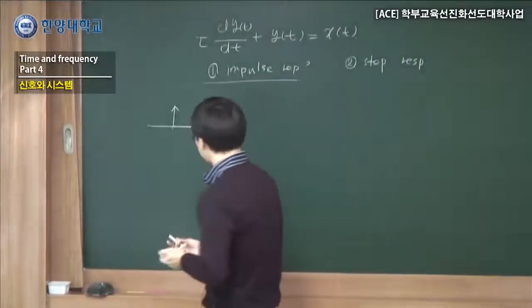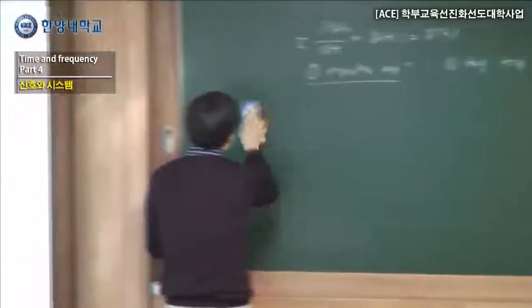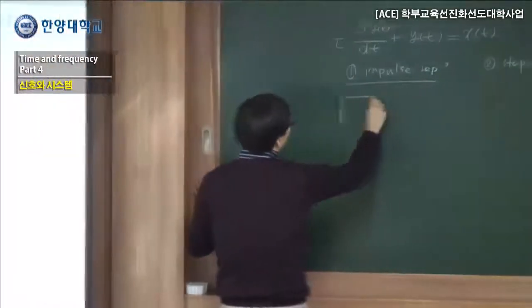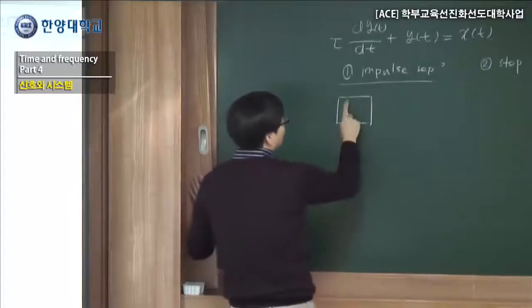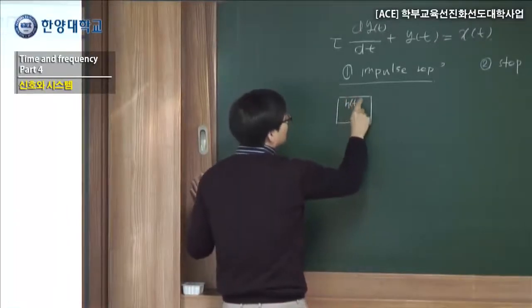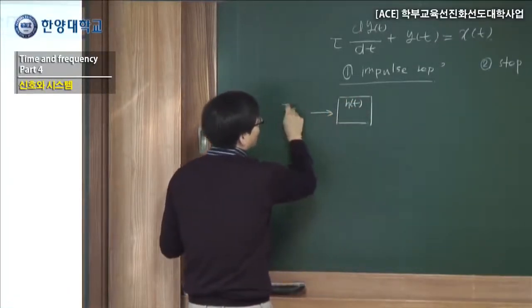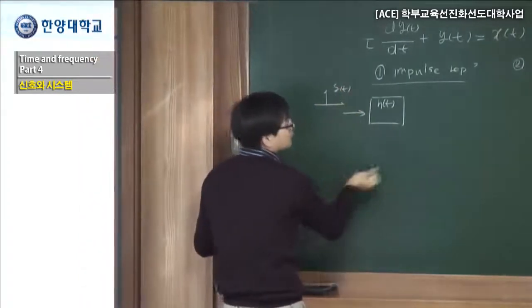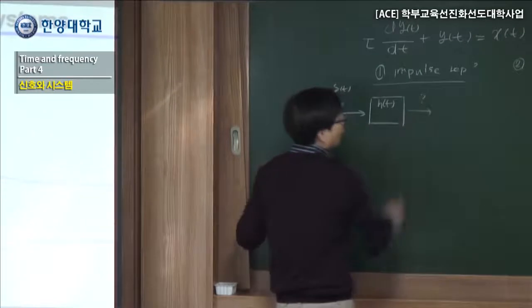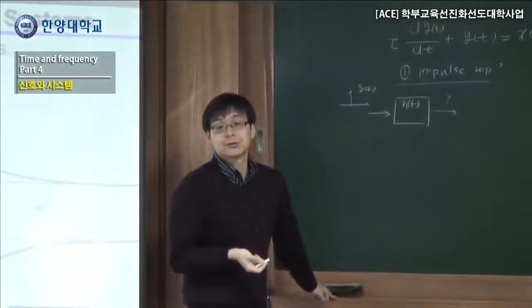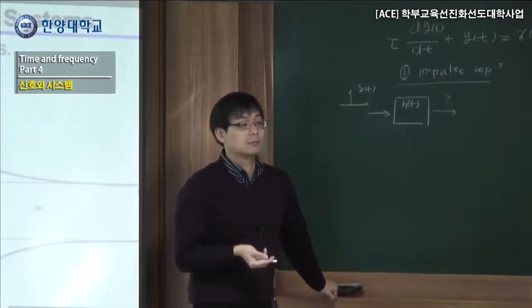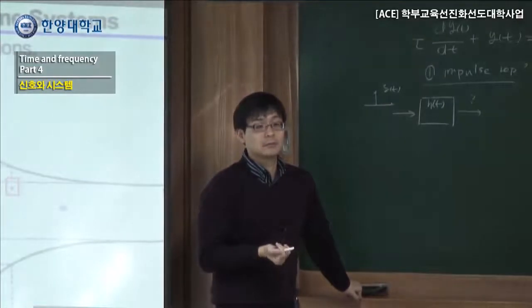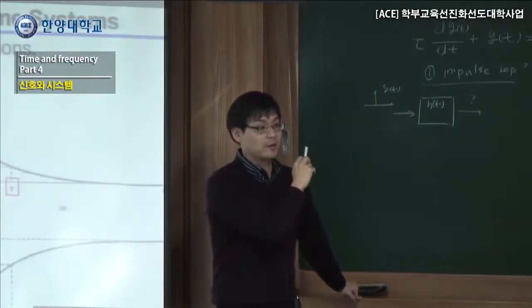So if you say we have a system having a transfer function h(t), when you apply a delta function as an input to the system, what will be the output of the system? We have learned about this one many times.